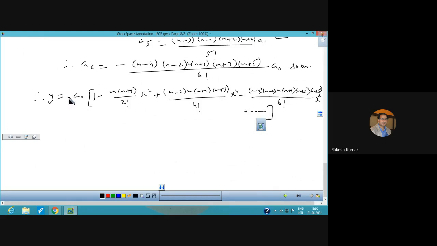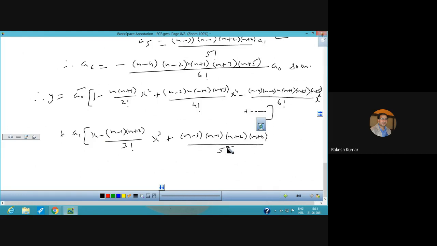This will be the coefficient of a naught term plus the coefficient of a1 term is x, n minus 1, n plus 2 upon 3 factorial x cube plus n minus 3, n minus 1, n plus 2, n plus 4 divided by 5 factorial x raised to power 5 and so on.